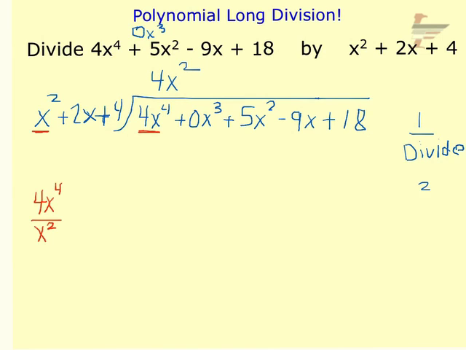Okay, and then second step is to multiply. So I'm going to take 4x squared, but now I'm going to multiply 4x squared times the entire quadratic. So I'm going to take 4x squared times x squared, which is 4x to the 4th, 4x squared times 2x, which is 8x cubed, and then 4x squared times 4, which is 16x squared.